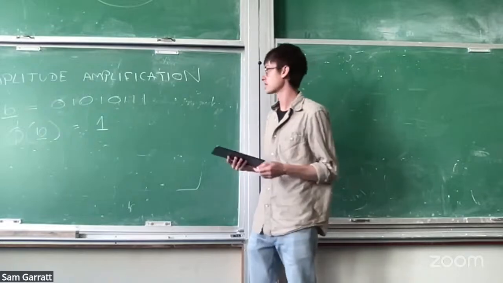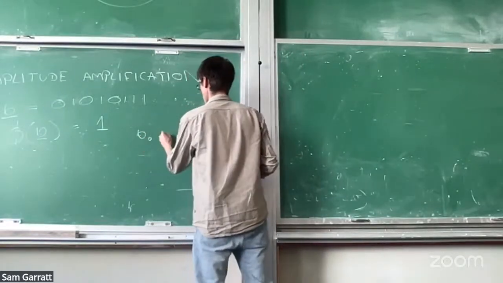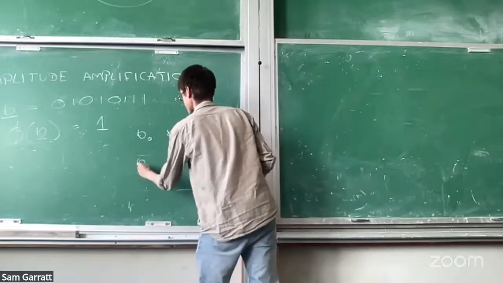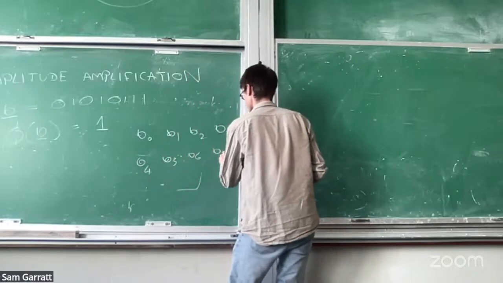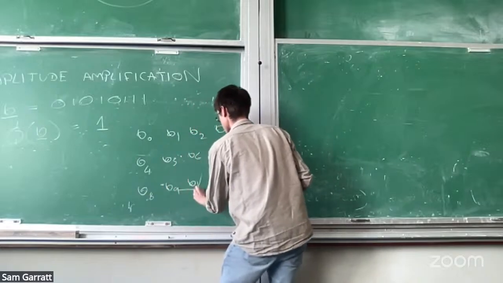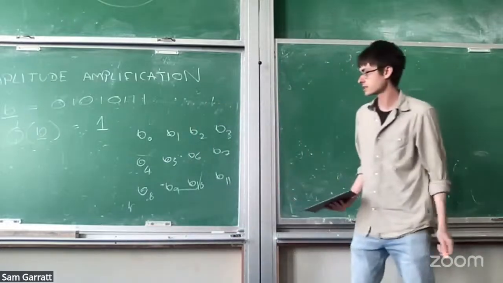Let me give you a quick example. Let's imagine we laid out our bits in a kind of square array. Say you've got a bunch of bits here.